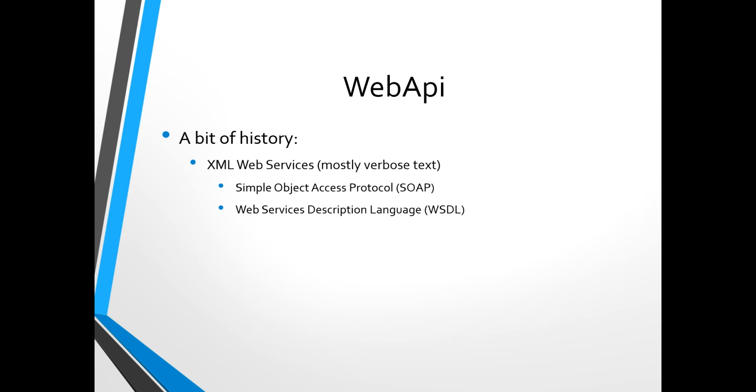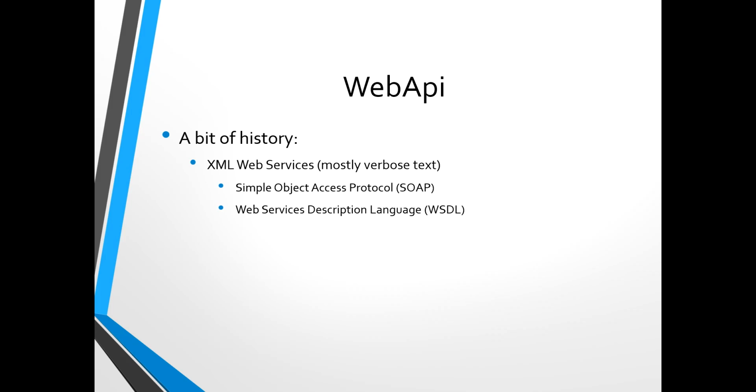Anyway, I do like to give you an idea of the history of things. So XML web services date back to the late 90s, right? There was mostly verbose text using XML. SOAP, Simple Object Access Protocol, was one of the first international standardizations to allow this data transmission across the internet.